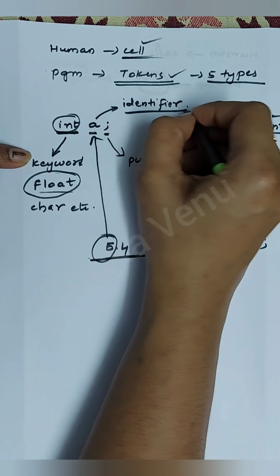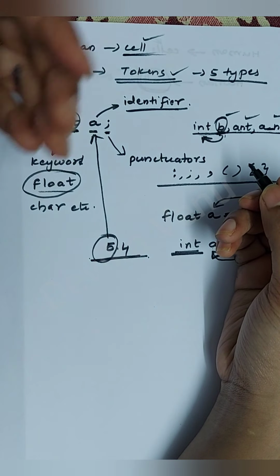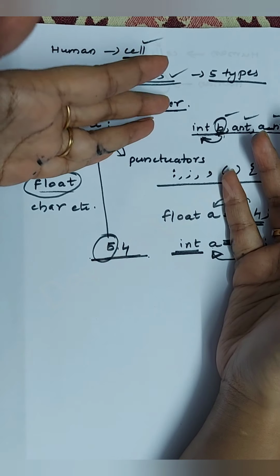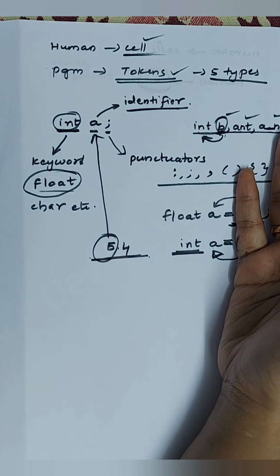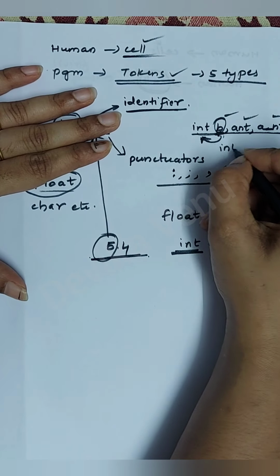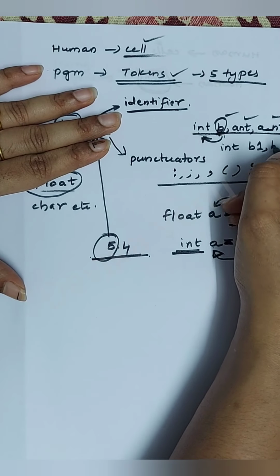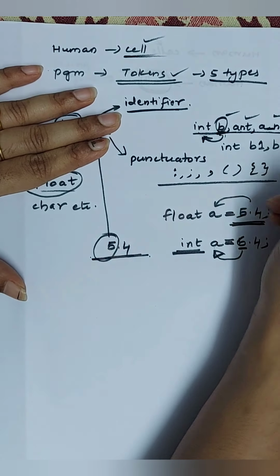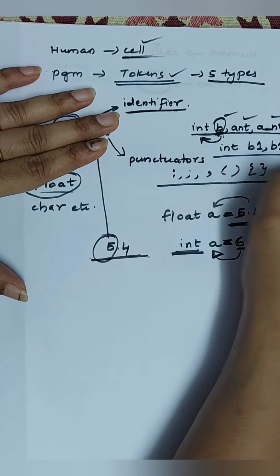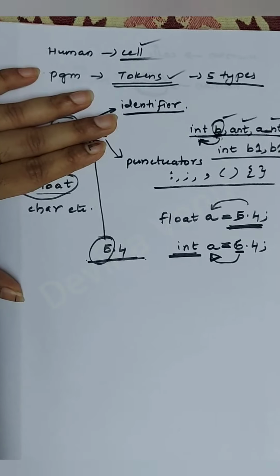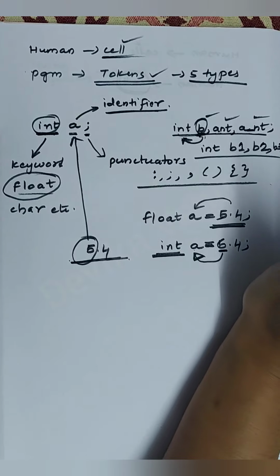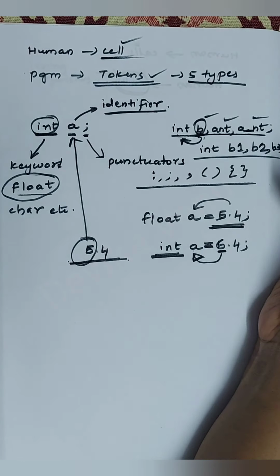And an identifier is nothing but a letter or a sequence of letters or a combination of letters and numbers. Combination of letters and numbers means I can declare like this: int b1, b2, b3, semicolon.